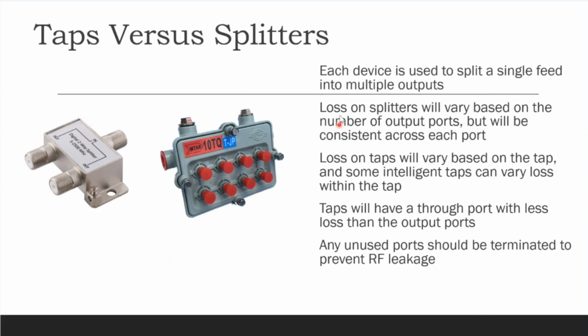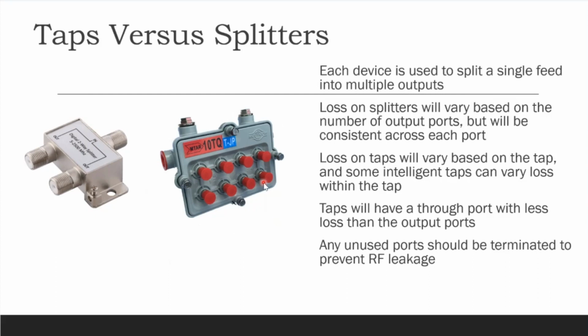But then these other 8 ports that you see here are going to have a different loss defined by the value of the tap itself, and not necessarily by the number of splits. It's not logarithmic loss the way that this is. And so you can have 10 dB taps, 20 dB taps. You can have taps with different loss values just based on how the tap is manufactured and put together.